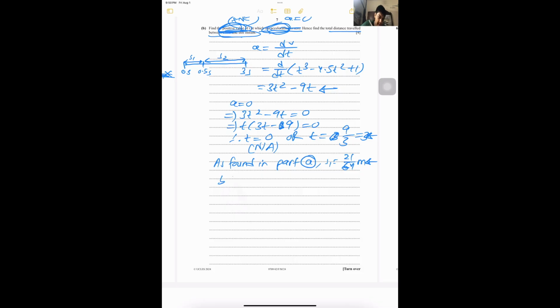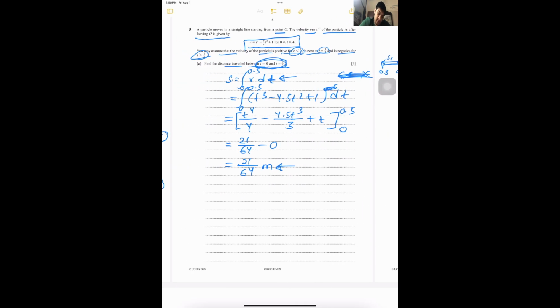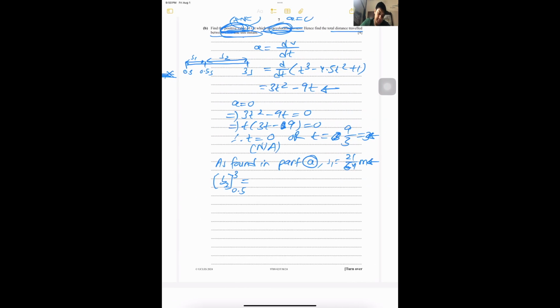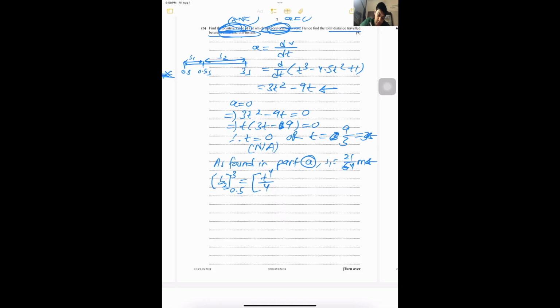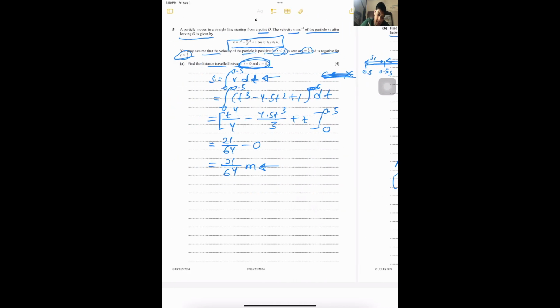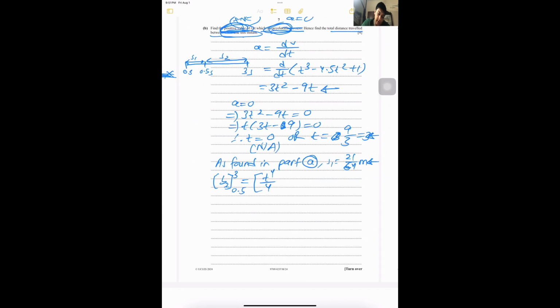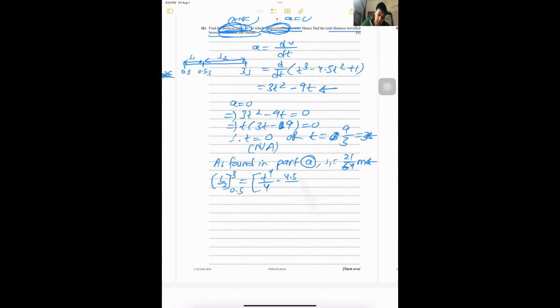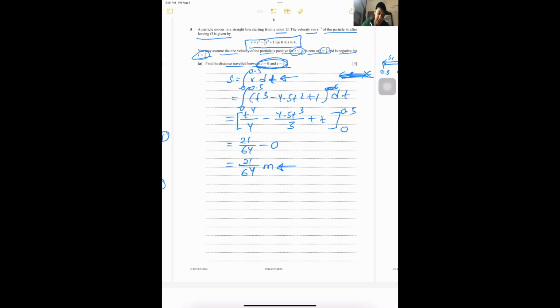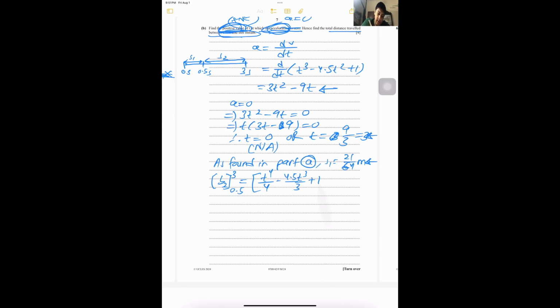Now we have to find S at these limits, which is S2. Let's see the equation: t to the power 4 by 4 minus 4.5 t cubed by 3 plus t. As I told you at the start, I am going to give you the solutions which I always use. Actually, knowing another student's way of solution is really helpful.